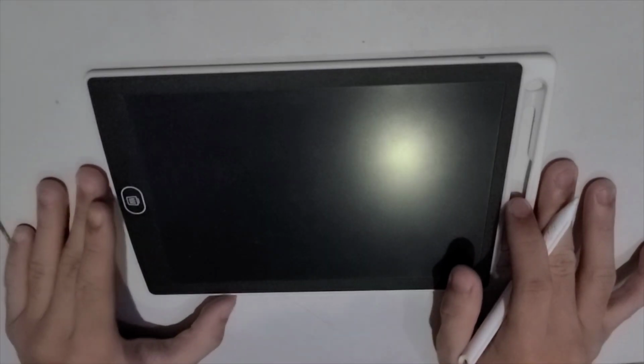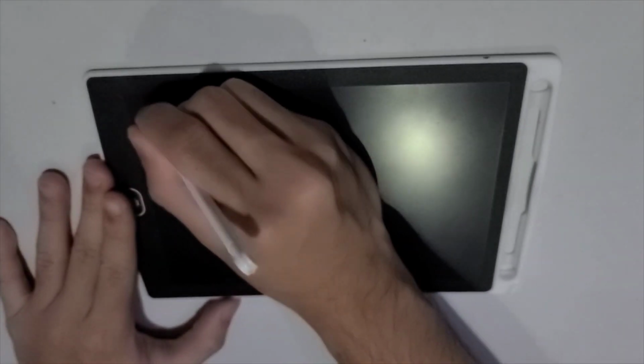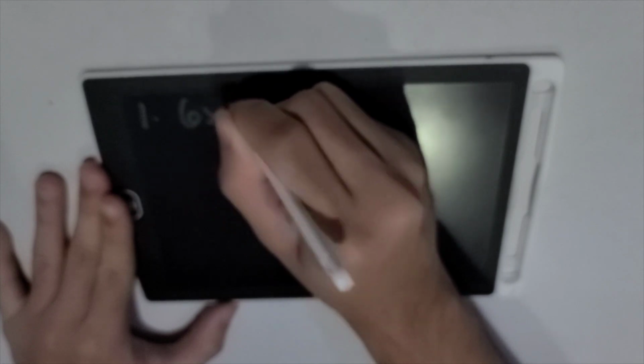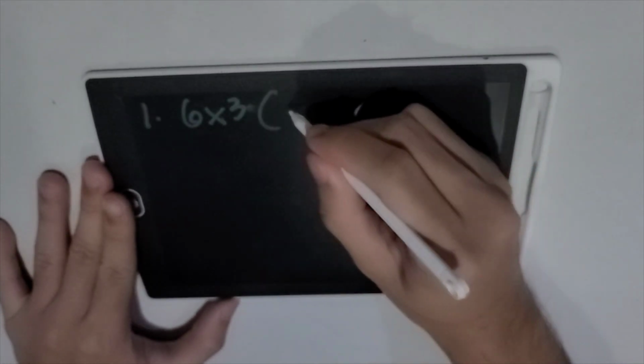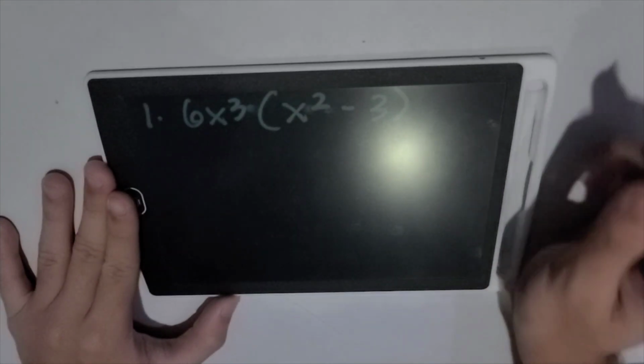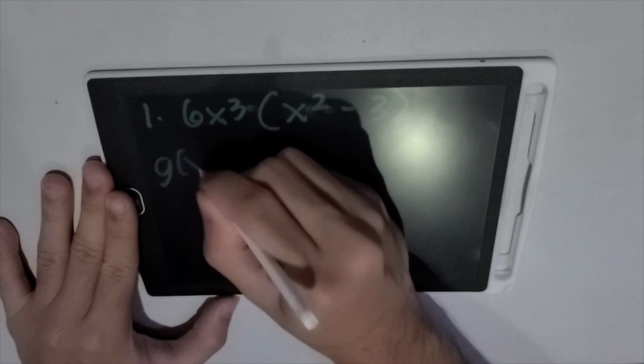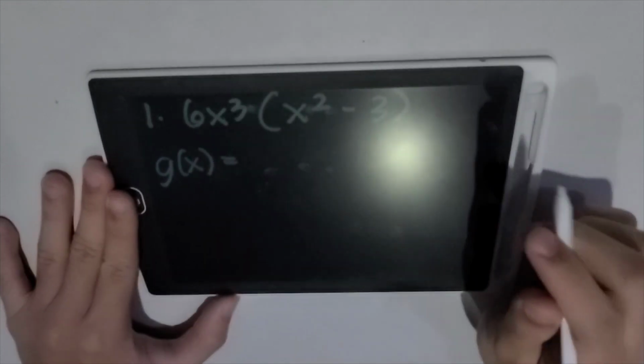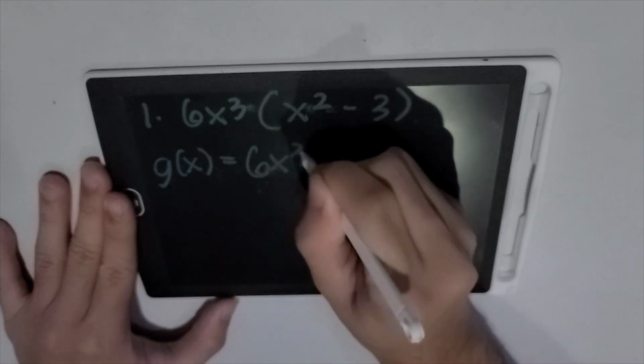Our next rule is the product rule. Our first example is 6x cubed times the quantity of x squared minus 3. First, we have to identify the g of x and the h of x. Our g of x is 6x cubed.